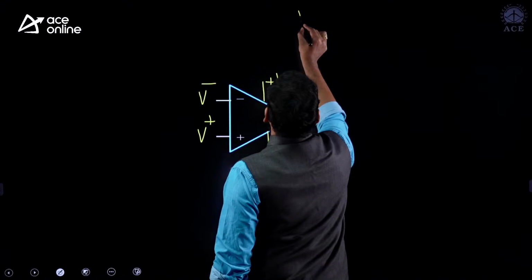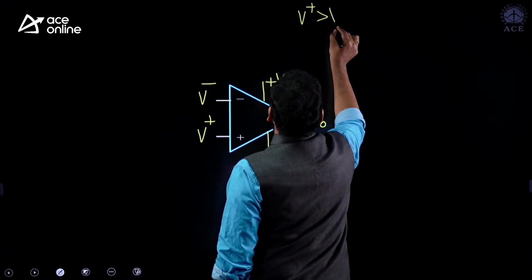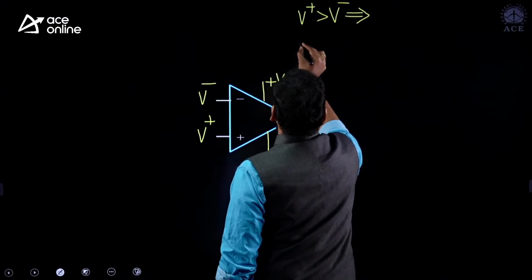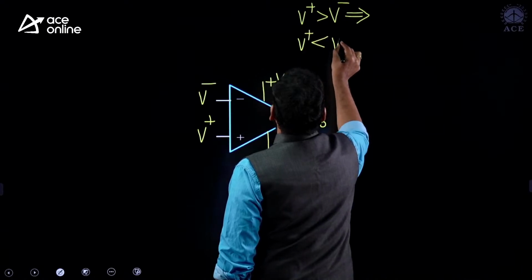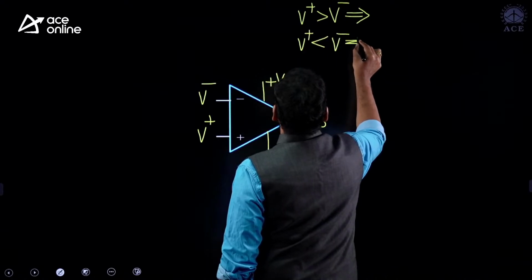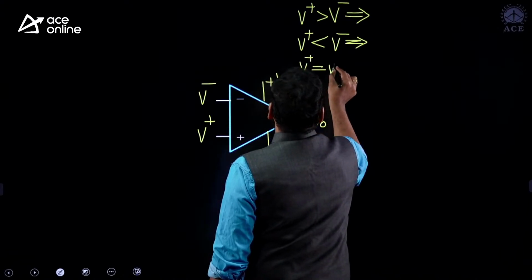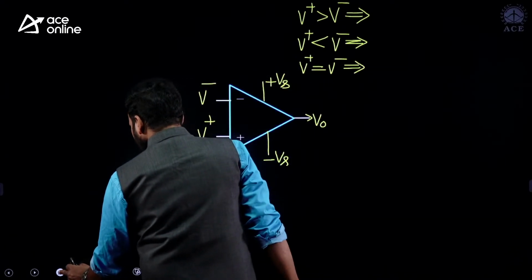If the non-inverting terminal voltage is greater than the inverting terminal voltage, that is one case. If the non-inverting terminal is dominated by the inverting terminal voltage, that is the second case. Sometimes you can find the coincidence, that is the third case.